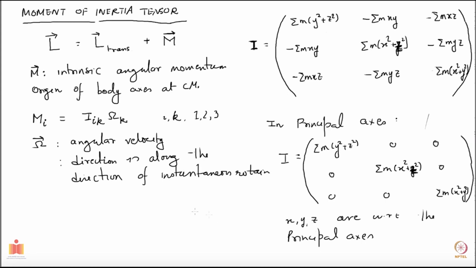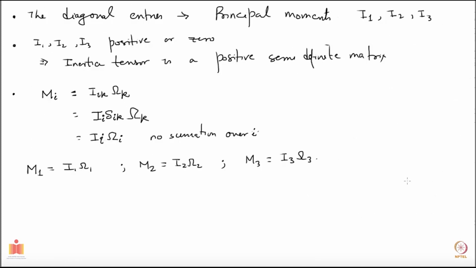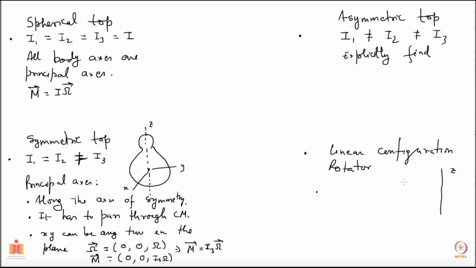So this is x squared plus z squared, and this is also x squared plus z squared. Because your body lies only along the z-axis, all the y and x components are 0, which means that I3 will be 0 and only I1 and I2 will survive. This is called a rotator.